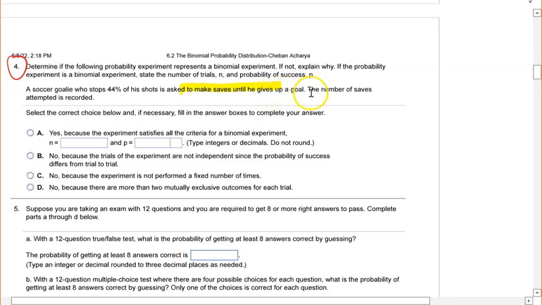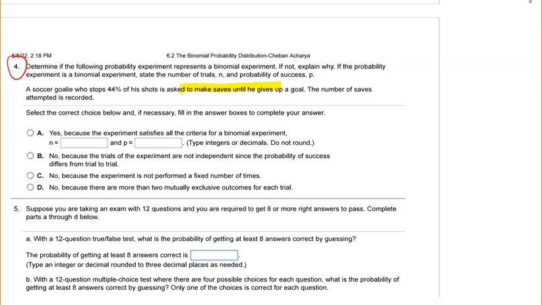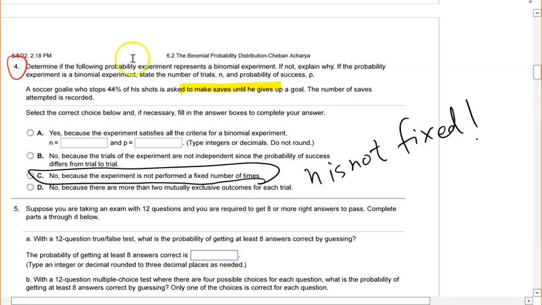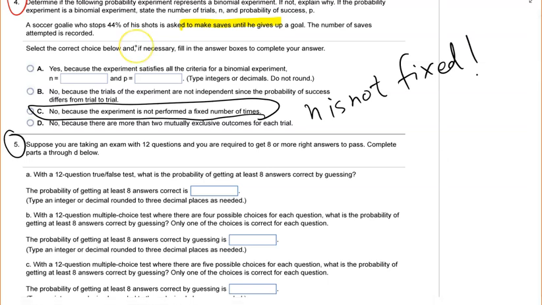Okay, therefore we don't know when he's going to give up a goal. Therefore, in this question it is not binomial because the experiment is not performed a fixed number of times. In other words, n is not fixed here. It's not binomial.